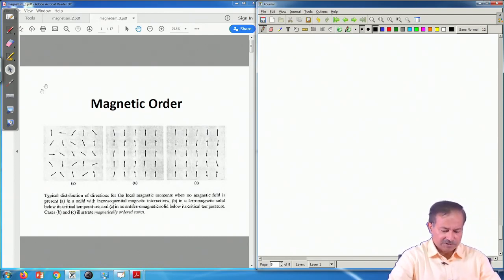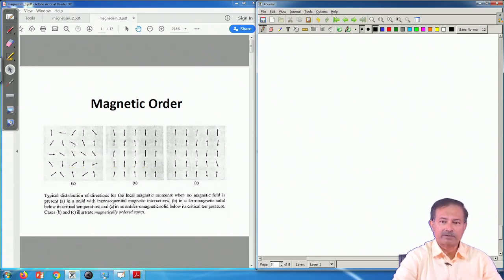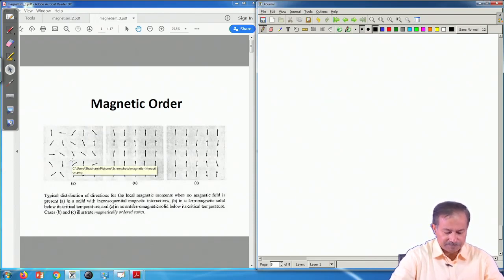Magnetic order, of course, needs moments to have order. These moments have to order to give you magnetic order. The moments can be ordered by the field, which is what happens in a paramagnet.